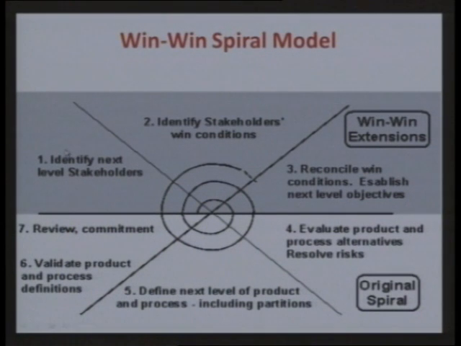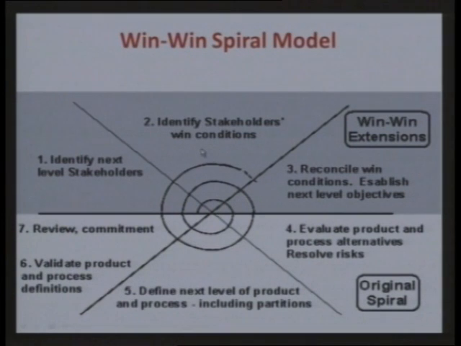If you look at this diagram, the 3 quadrants scattered over this gray background are the new addition in the win-win spiral life cycle model. And the first quadrant is dedicated for what purpose? The identification of the next level stakeholders. It means we need to identify the different stakeholders, even across our different spirals.